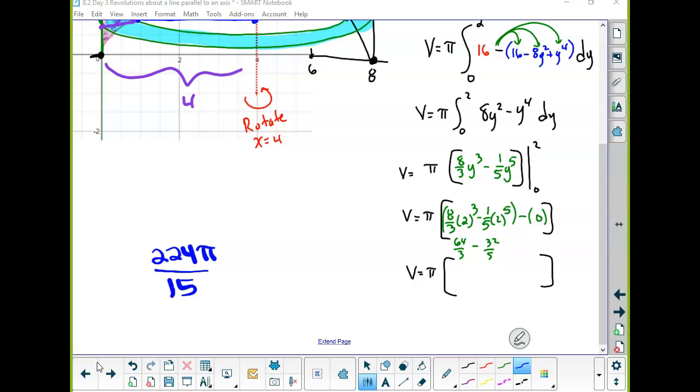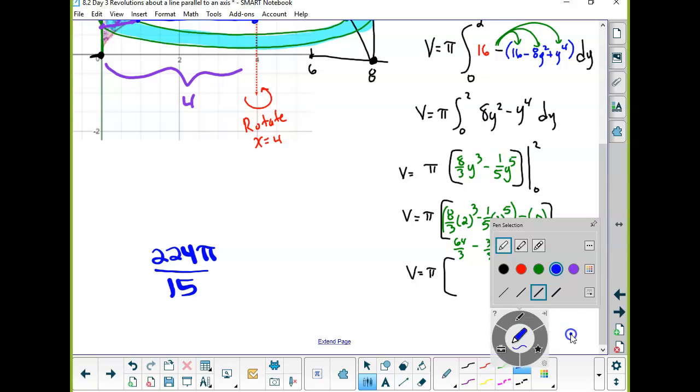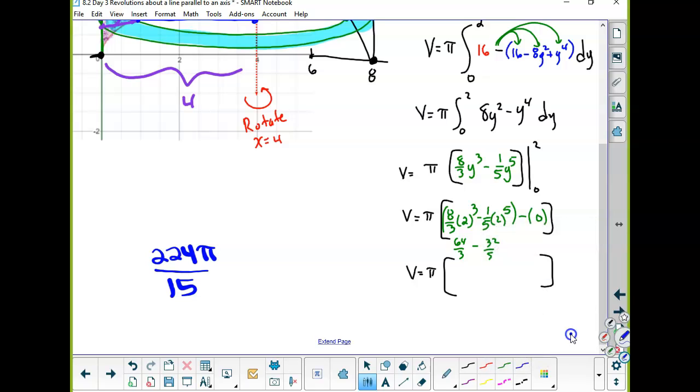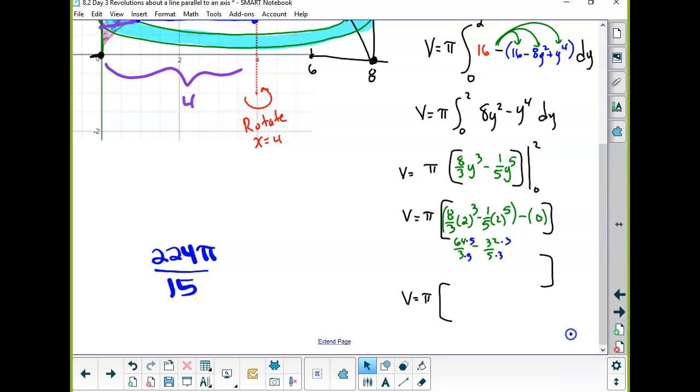And then at this point, if I really had to do all this by hand, I would times this by 5, and this by 5, and this by 3, and this by 3. At this point, I just grab my calculator. Did you guys get 224 over 15? And then you could stop here again.